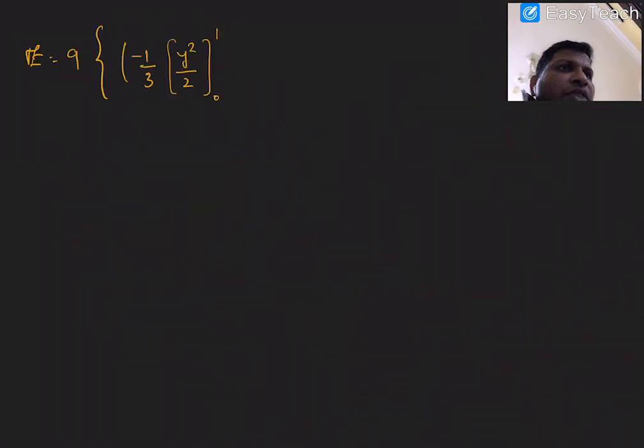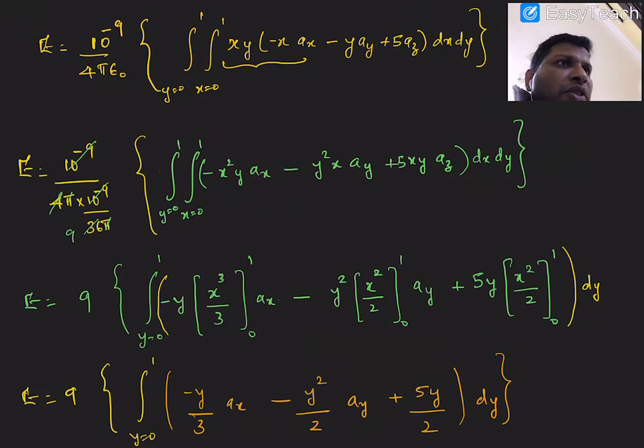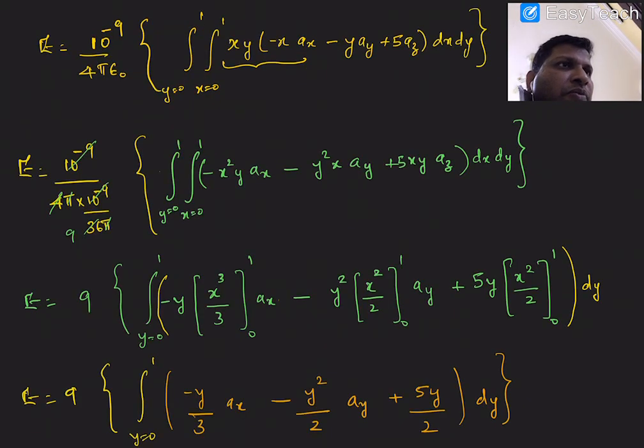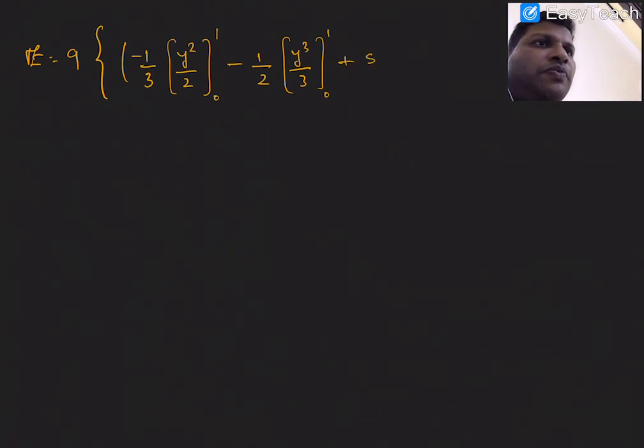Then minus 1 by 2, multiplied with the integral of y square, which becomes y cube by 3, where y changes from 0 to 1, then plus 5 by 2, and the integral of y is y square by 2, which changes from 0 to 1.